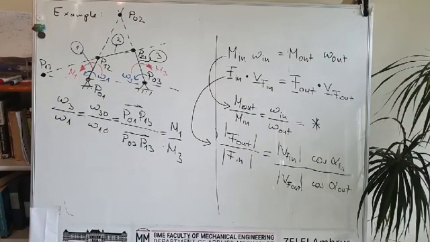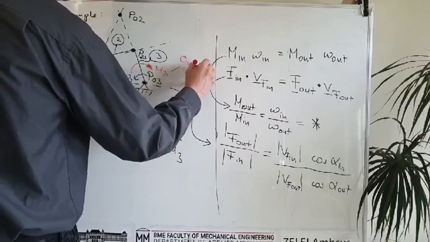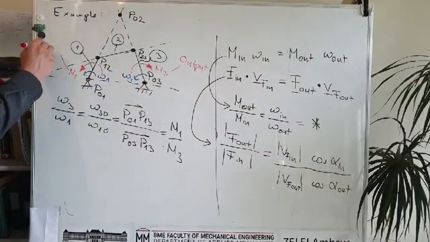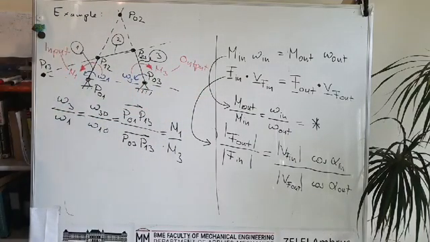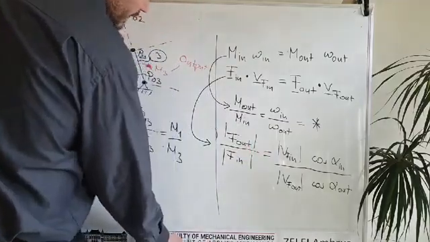That's a very important thing. So this can be an output and this can be an input. This is very simple for torques. And let's see how this force version works.